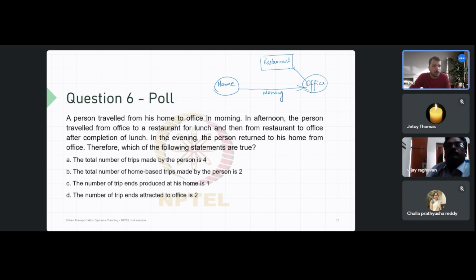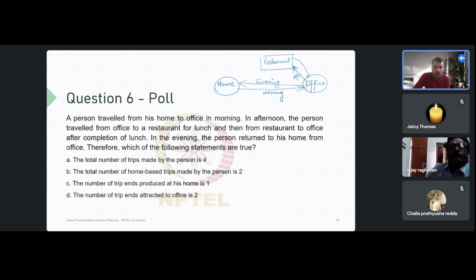In the afternoon, he will go from office to the restaurant for lunch. Again, he will come back to work after having lunch, and finally he'll go back to his home in the evening. So we need to see which of the following statements are true.